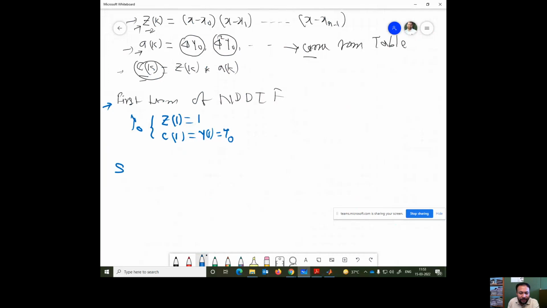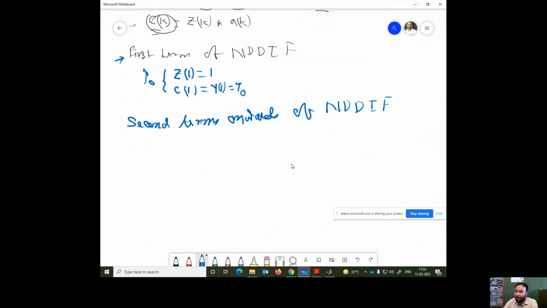Now, second terms onwards of Newton divided difference interpolation formula. How does it work for the second terms onward? It is very interesting to discuss, and very important for us.